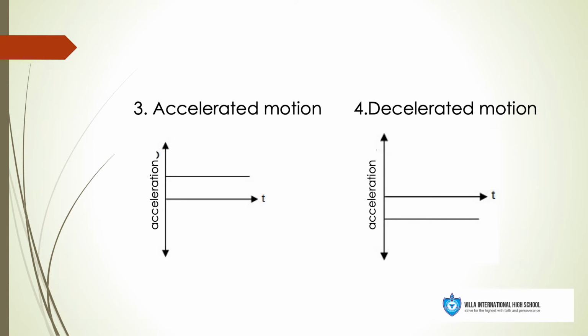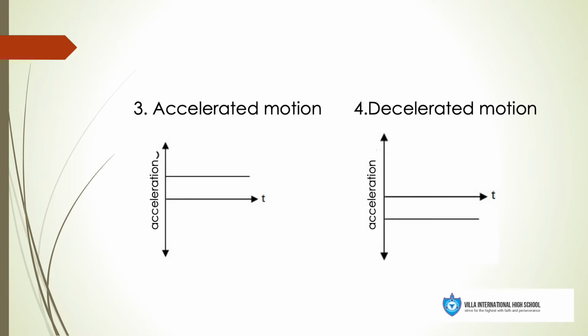So that's what we wrote. We drew that on the negative side. So these are the four graphs for the acceleration time graph: rest, uniform motion, accelerated motion, decelerated motion. These are the things you have to study about the acceleration time graph.